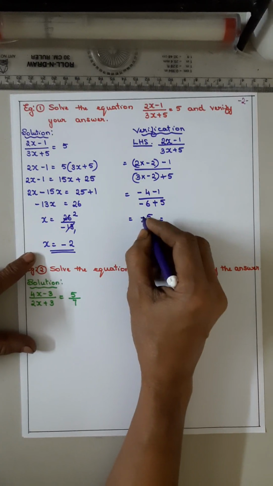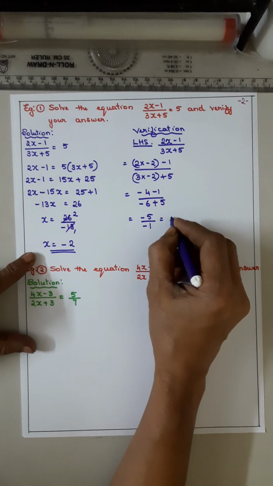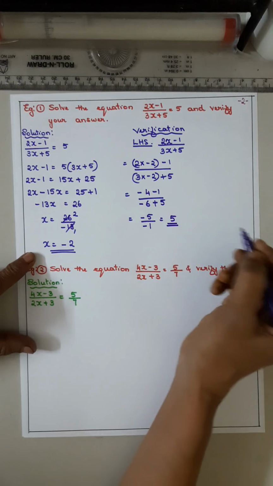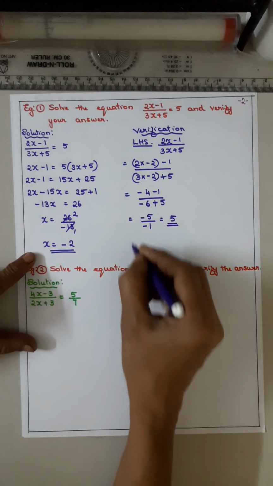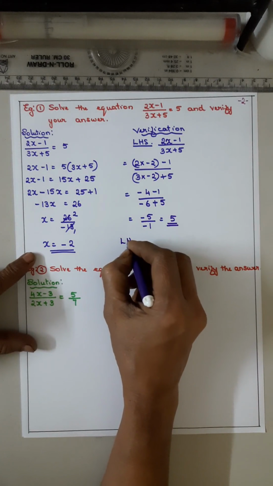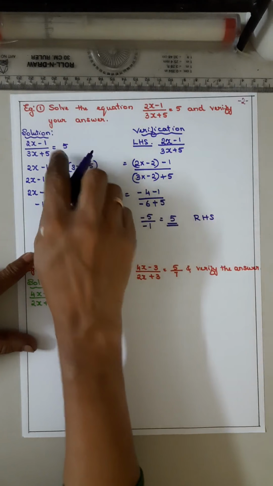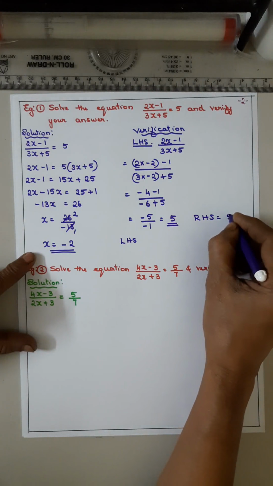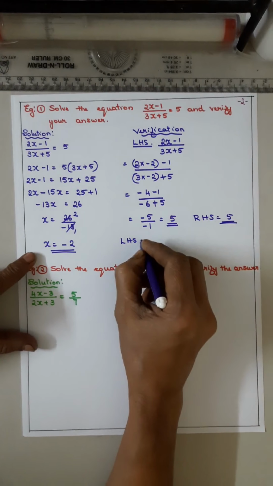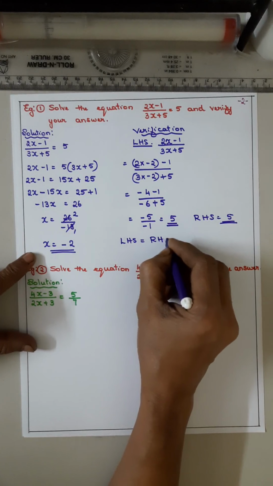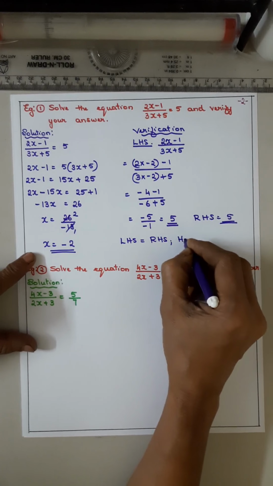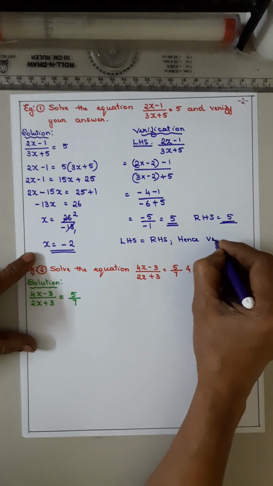Negative divided by negative becomes positive. 5 divided by 1 is 5. So LHS is 5, and RHS is already 5. So, LHS is equal to RHS, hence verified.